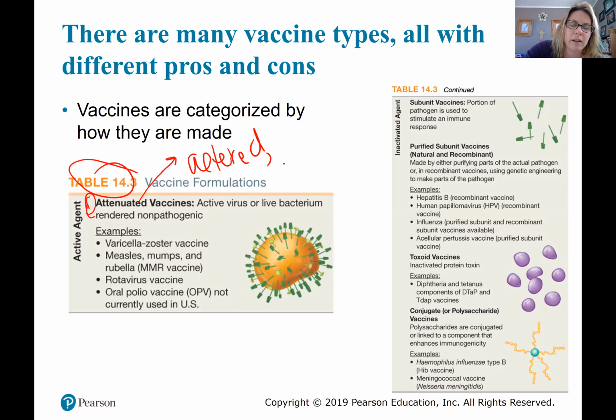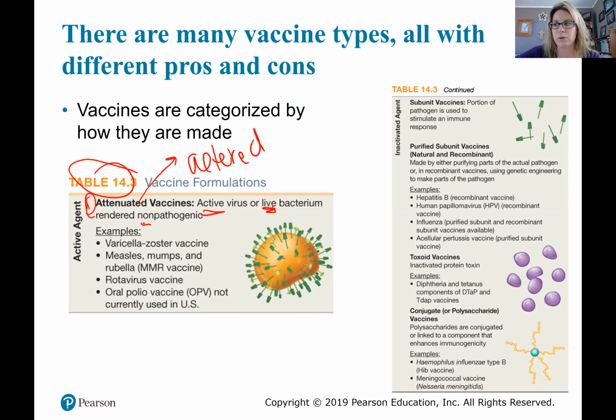The virus or bacteria is alive, okay? So the virus is active or the bacteria is alive. But you're like, it's alive, what? But they have been rendered non-pathogenic. So they have undergone some sort of treatment that didn't kill them.